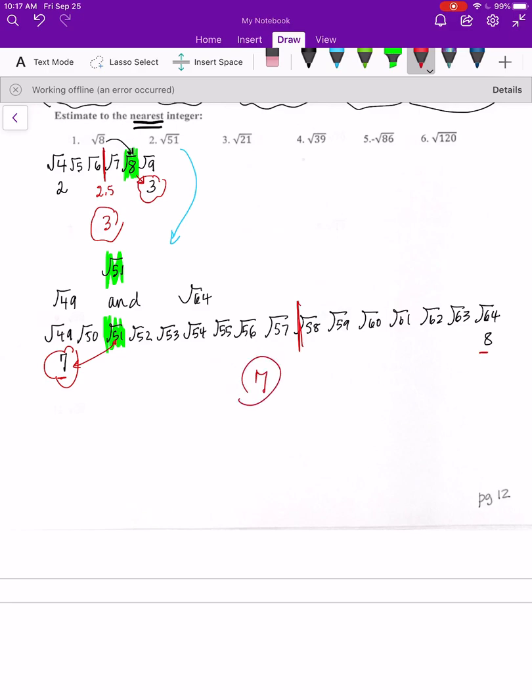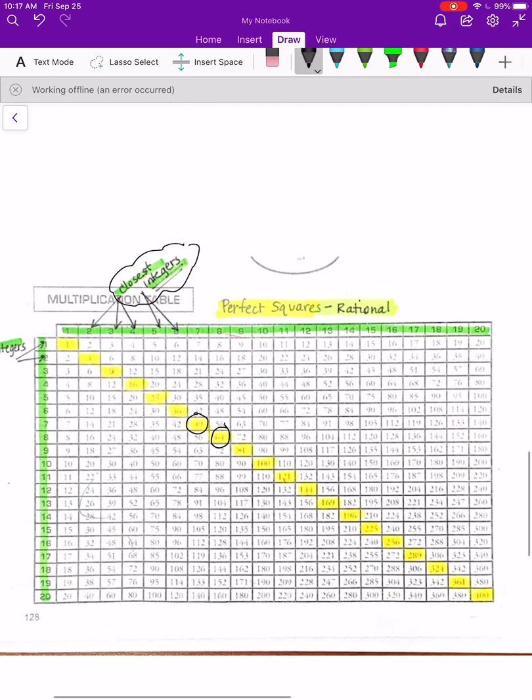Now, we don't really have to write all of these out because we can just do a few and know which one is going to be closer to just using our reasoning skills. So let's do the square root of 21. So we're looking for 21. I go back to my chart. 21 is between 16 and 25.